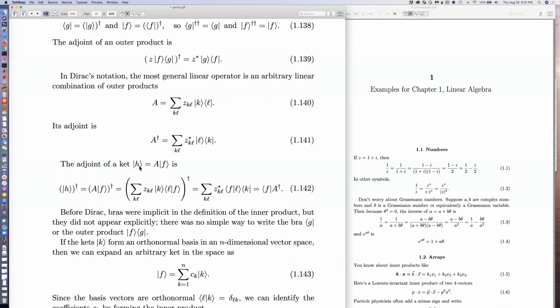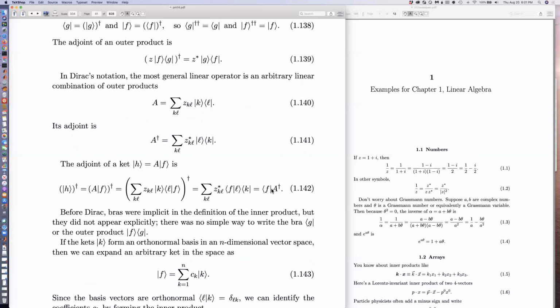The adjoint of a ket H is, well, the adjoint of this, and writing A as the most general possible linear operator, we see that this L F turns into F L, the ket K becomes the bra K, and it just becomes this.